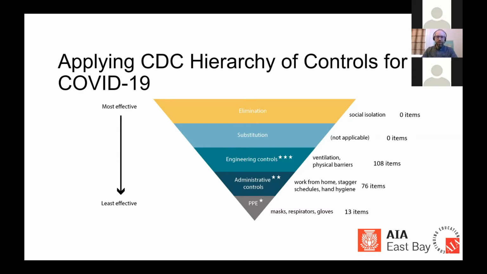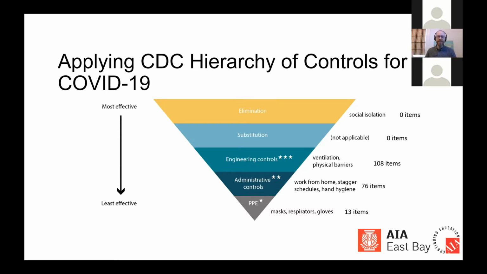So normally when we talk about interventions, what you'll be reading in the news, we'll always be hearing about PPE, wearing masks, wearing gloves. According to the CDC, that's actually the least effective intervention out there for this, because ideally you wouldn't be so close to the virus where you would need masks and goggles and gloves to block it.